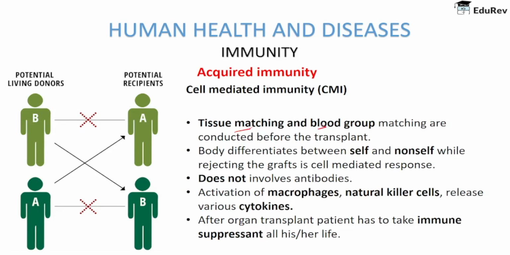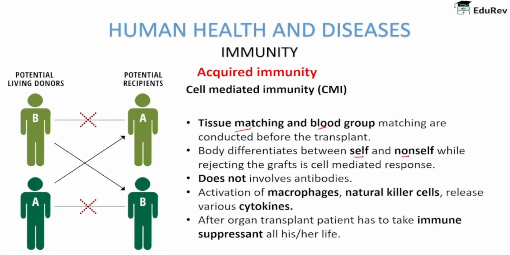Accordingly, our body is able to differentiate between self and non-self cells while rejecting the inappropriate grafts in the process. Now this type of response shown by our body is basically the cell-mediated immune response that we are talking about.